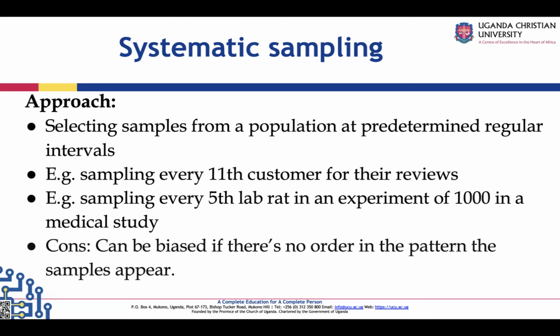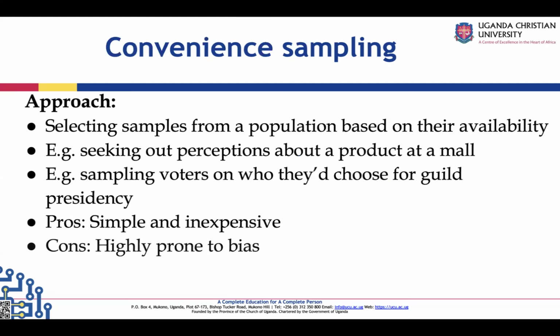The bias that can arise with systematic sampling is a result of having no order. If you haven't ordered your samples, then the patterns will appear in a dissimilar way and can create some form of bias. There's also convenience sampling, which is one you've all had an experience with, because it's based on sampling a population based on their availability, when they are ready or willing to provide that review or response.